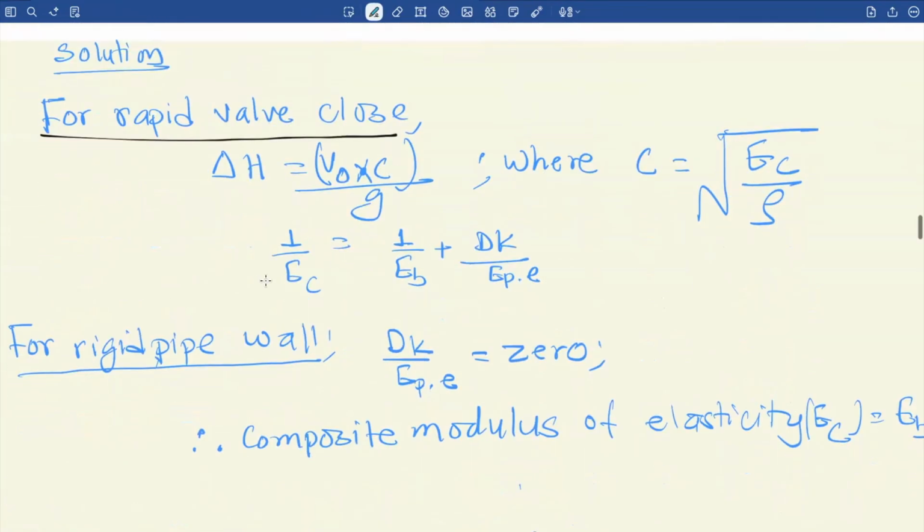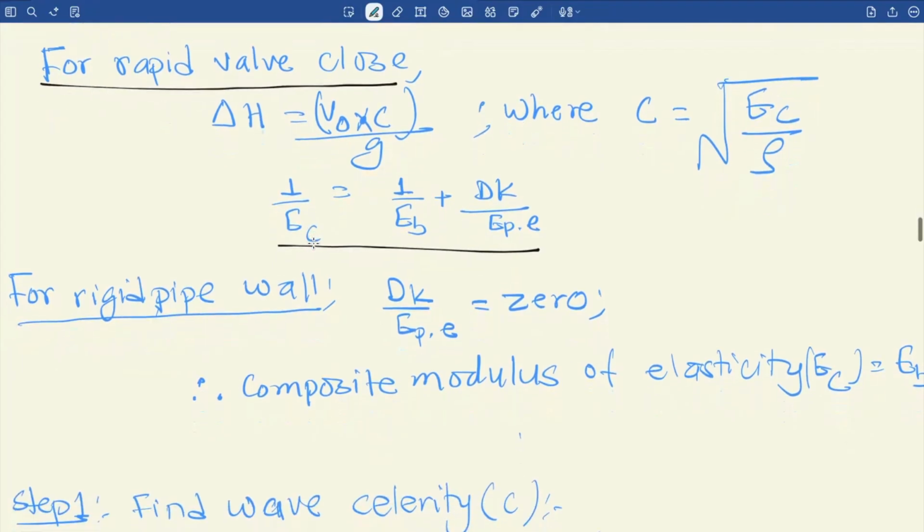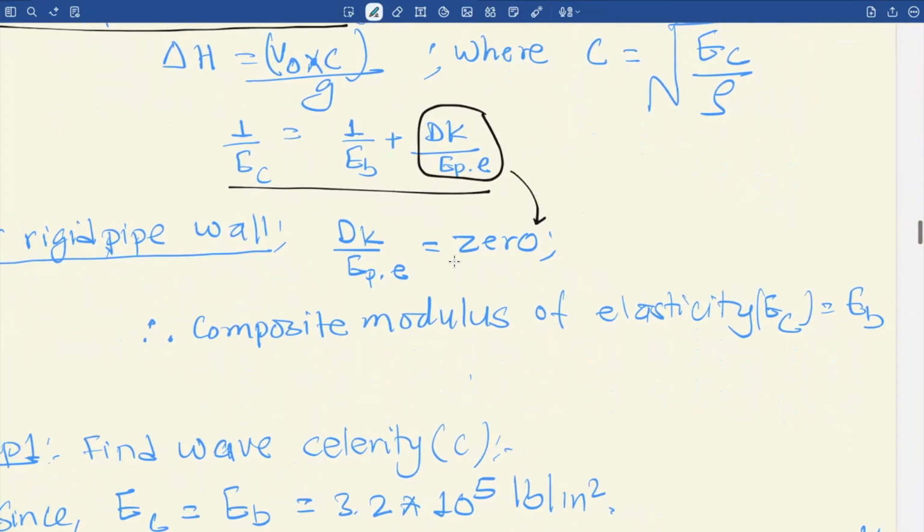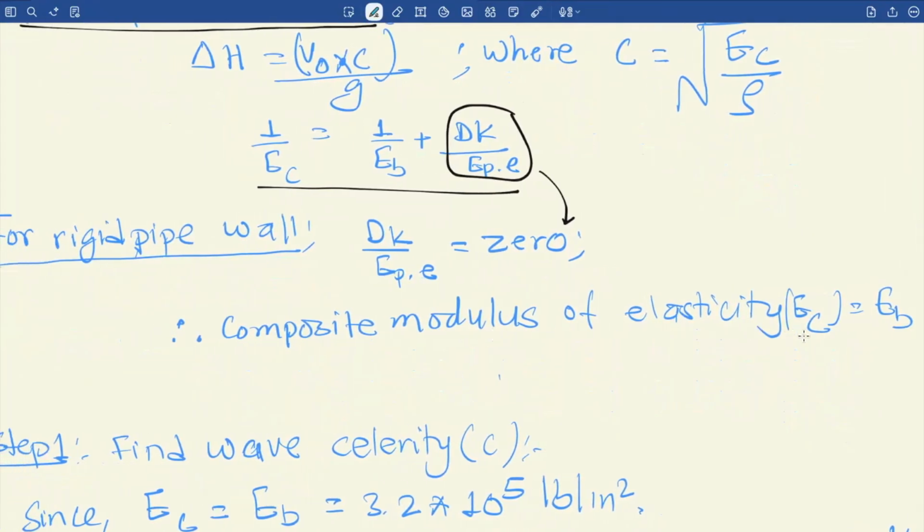We have this formula for computing the composite modulus. And for a rigid pipe, this whole term will be equal to 0 here. Therefore, the composite elasticity EC will be equal to EV.